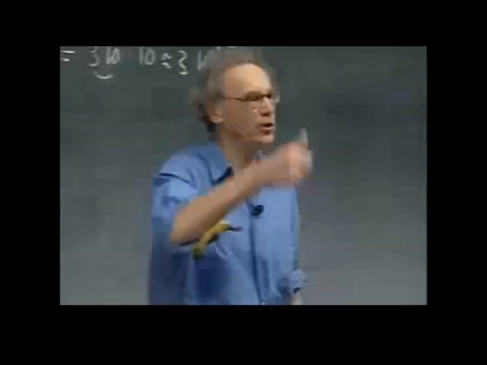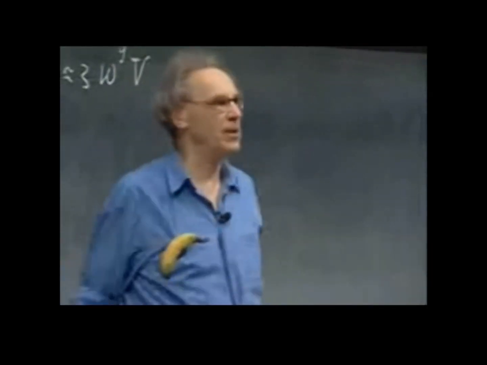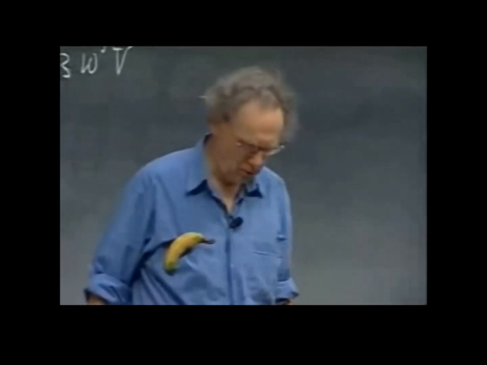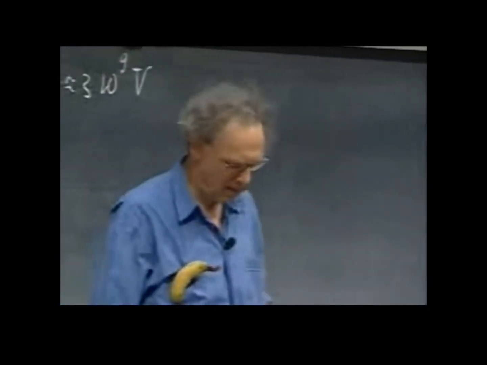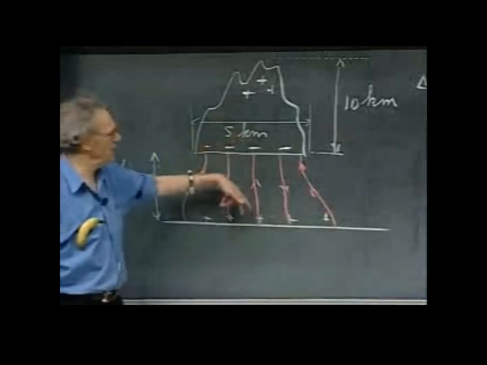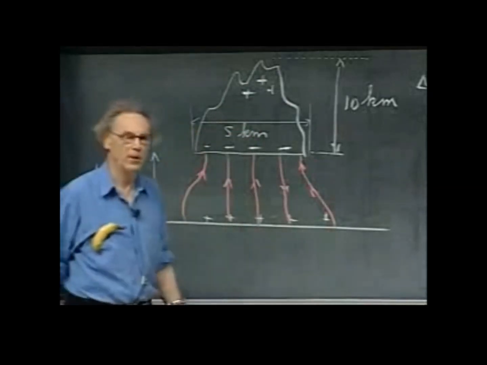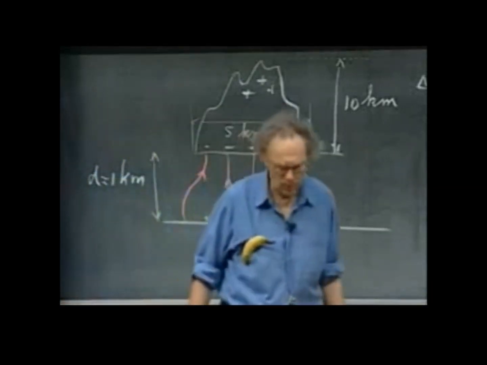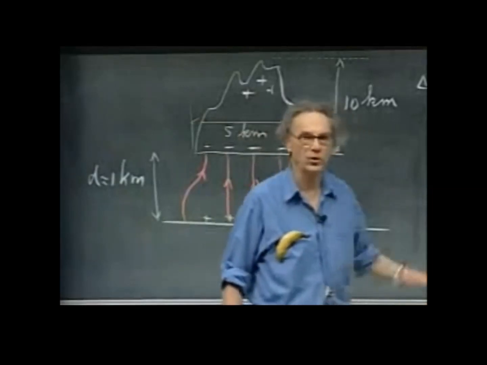So 10 return strokes, which may be 20, 30, 40 milliseconds apart, appear to you and to me only as one flash, which would take place maybe in as little as a tenth of a second. During these 5 or 10 return strokes, you exchange between the cloud and the Earth maybe a total of 25 to 50 Coulomb, and that of course will lower the potential difference.